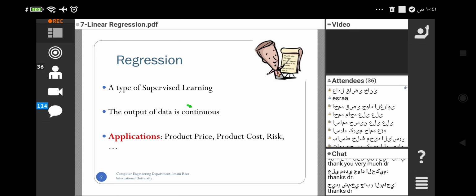In the classification examples, we had the family car and the non-family car, only two situations. But when we want to predict the price of products in a supermarket, this data mining system would be a regression.